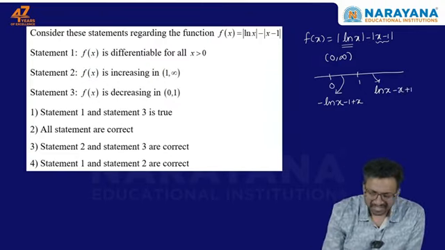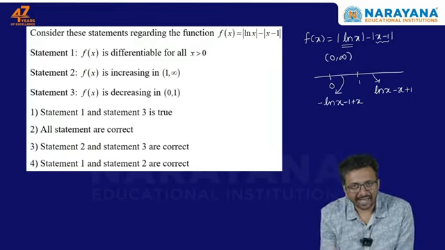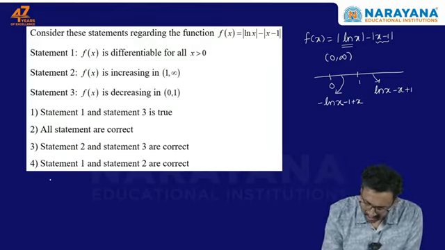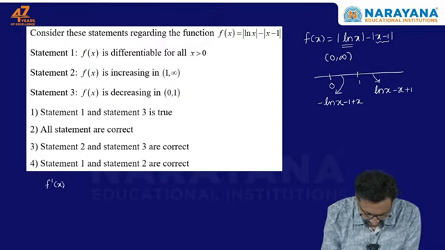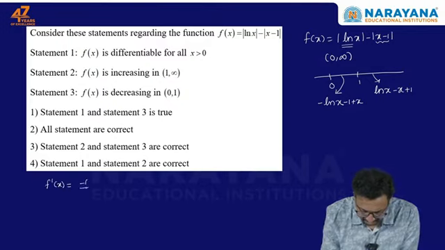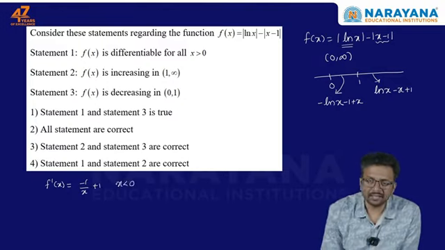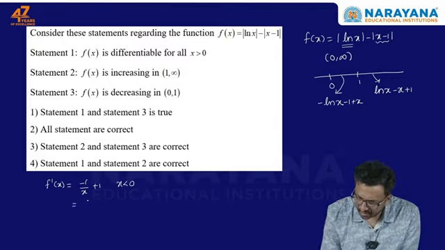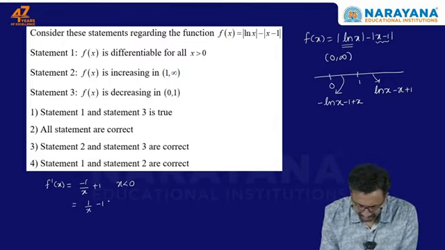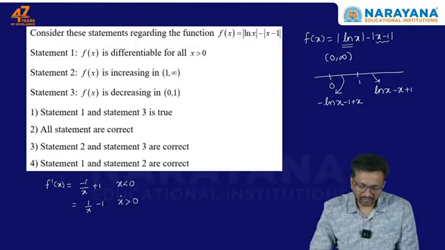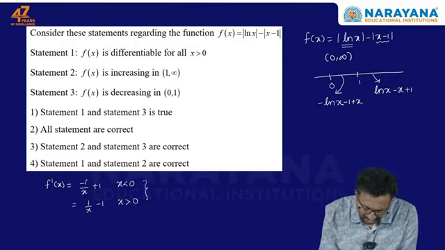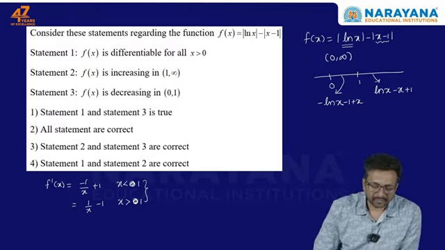Okay, so the functions are quite easy to analyze. Let us try to analyze. So f dash of x is equal to minus 1 by x plus 1 if x is less than 1, and it is equal to 1 by x minus 1 if x is greater than 1, correct?